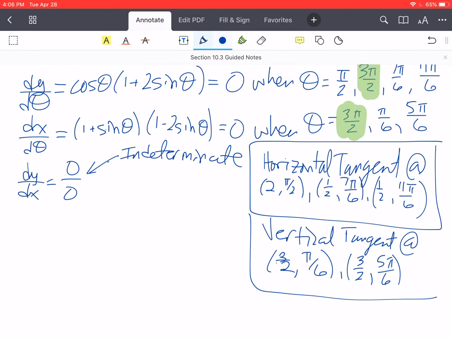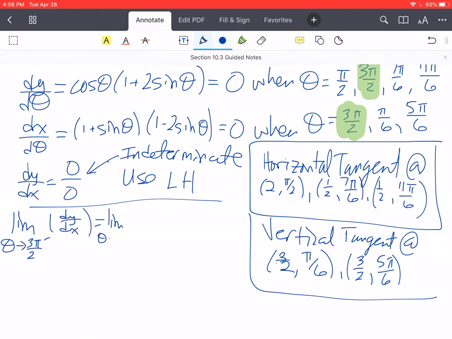We actually are going to use L'Hopital's rule here to help determine what's actually happening at this point as we approach 3 pi over 2. So we're going to approach it from the left and use the symmetry to say what happens on the right. So we're going to take the limit as theta approaches 3 pi over 2 from the left of dy dx.